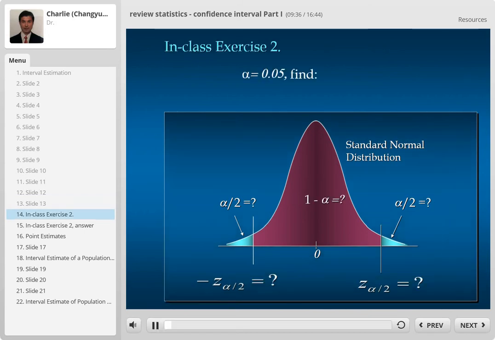Now here is another in-class exercise. If we know alpha equals 0.05, please find the value of 1 minus alpha, alpha over 2, the value of z alpha over 2, as well as the value of negative z alpha over 2.